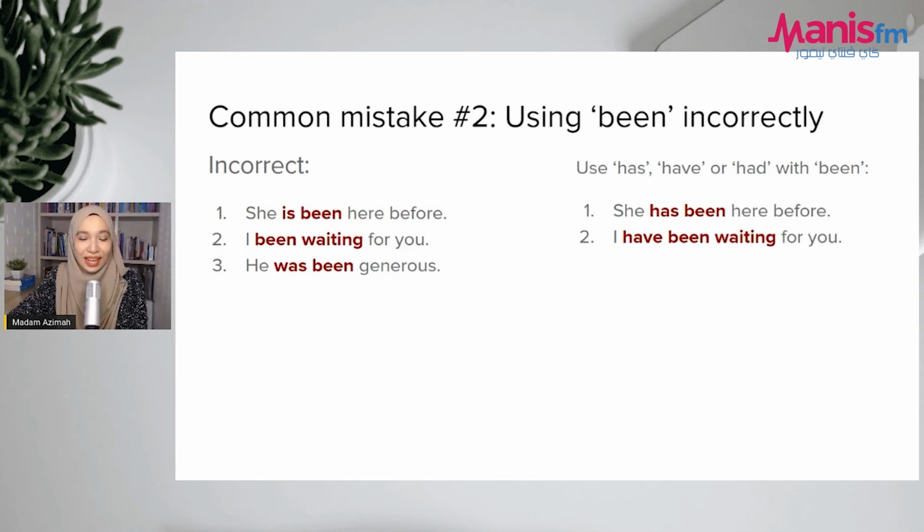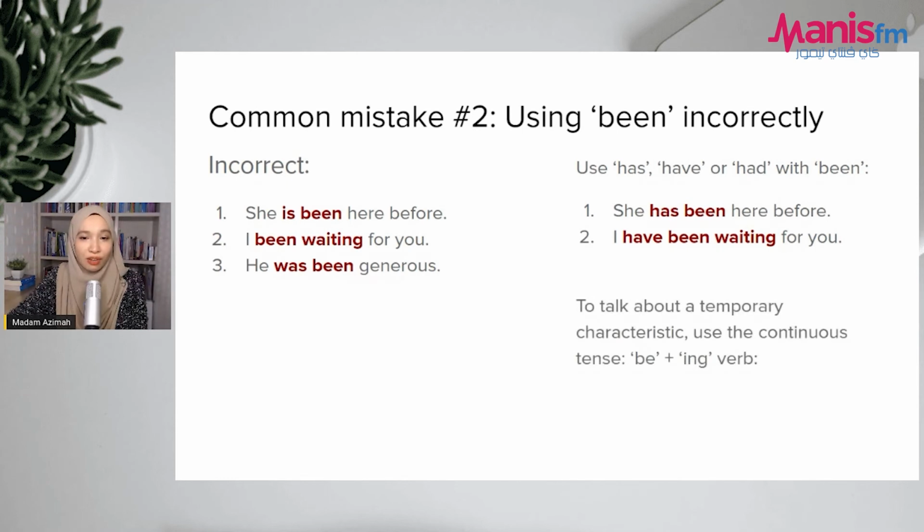Okay? Number 3. Now, he was being generous. So we're talking about a temporary characteristic. So you use the continuous tense, which means using be plus the ing verb.